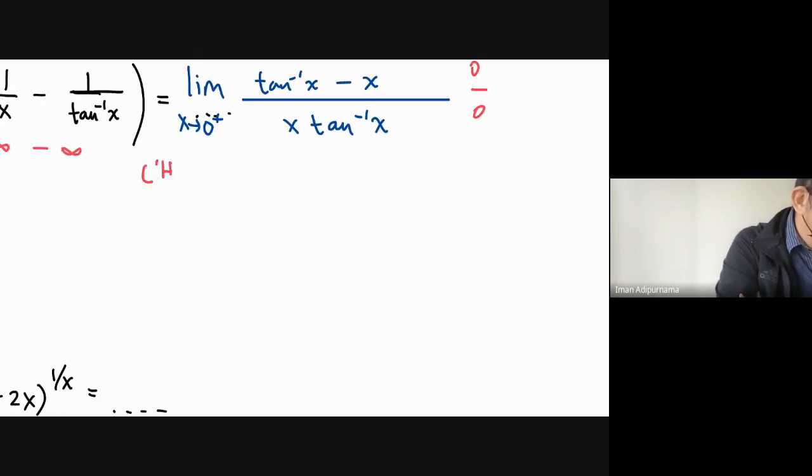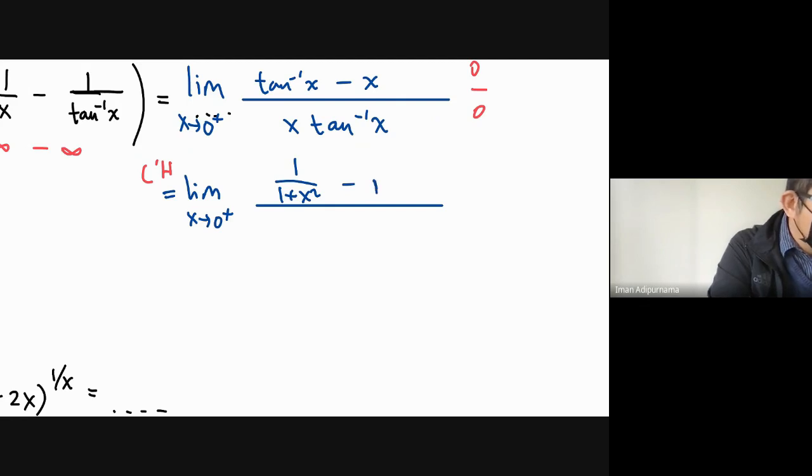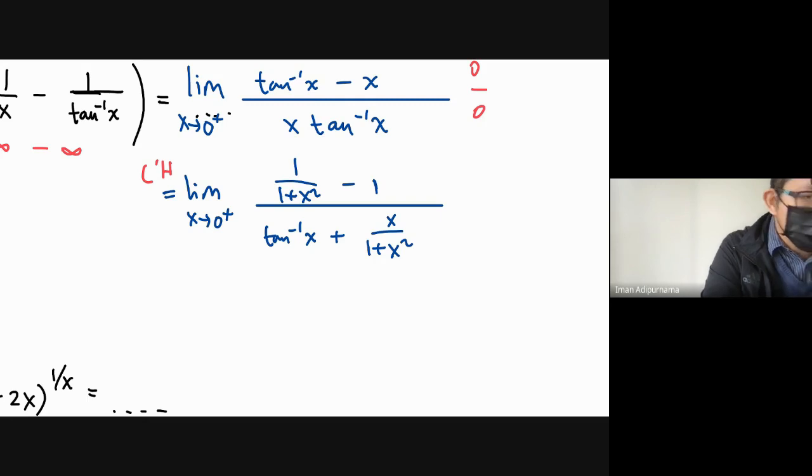So L'Hopital rule, this will be 1 over 1 plus x squared minus 1. And the bottom one will be tangent inverse x plus x.